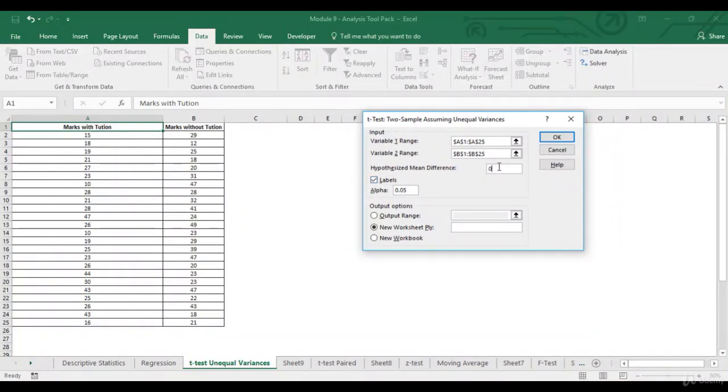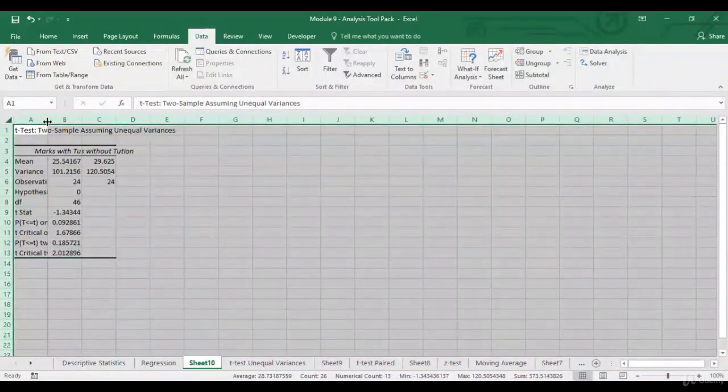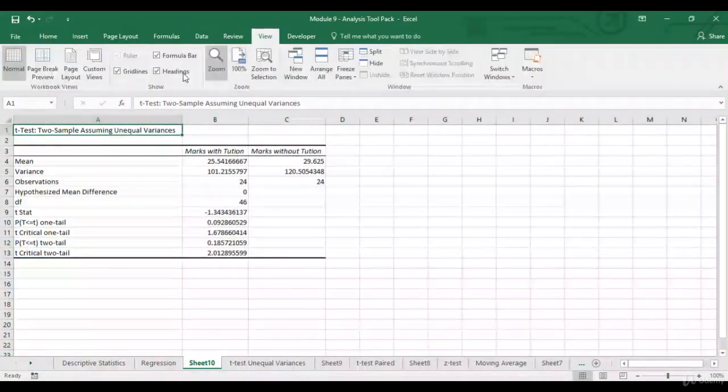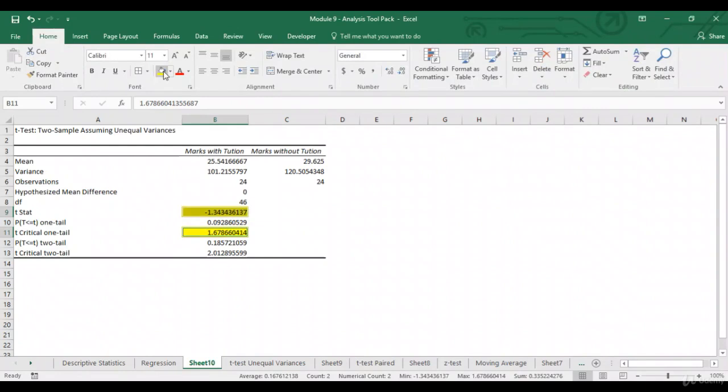Let's put this to 0 again. Click on OK. Since T stat is less than T critical, we do not reject the null hypothesis and conclude that the means of the two populations is same.